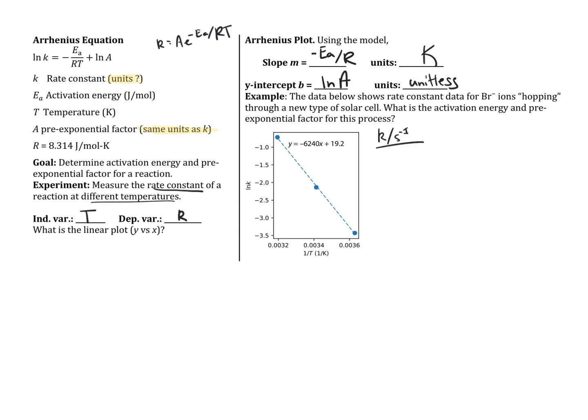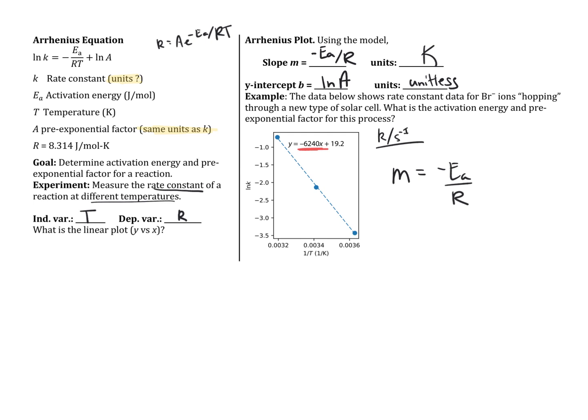Okay, so here's the solution. First, the activation energy. We can get that from the slope m, because activation energy is in this equation. So I plug in, I have m is equal to negative EA over R. M is the slope, that's going to come right off of our graph here, negative 6240.